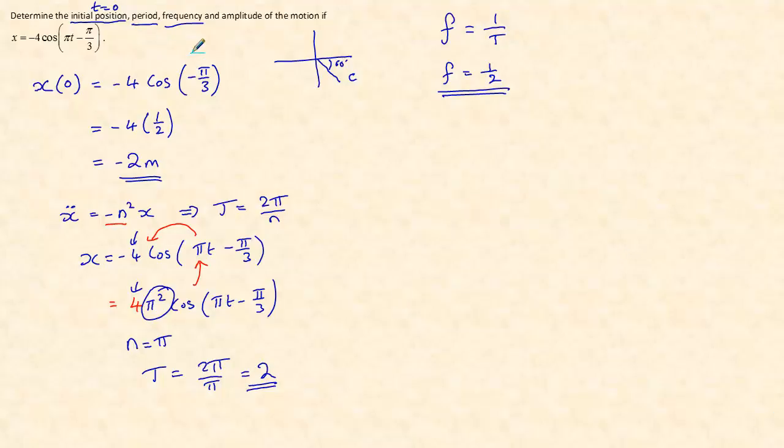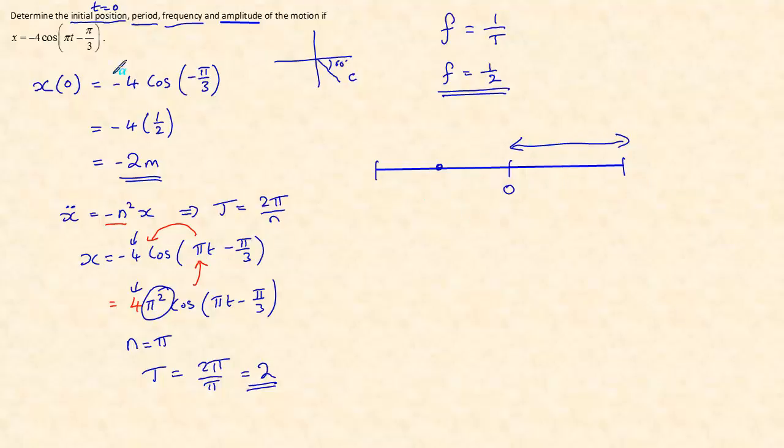Now finally we want the amplitude. Quite simply with SHM it goes backwards and forwards between two endpoints, and the mean position is here. It doesn't matter that we know it's starting here somewhere. What we're after is just this distance here.